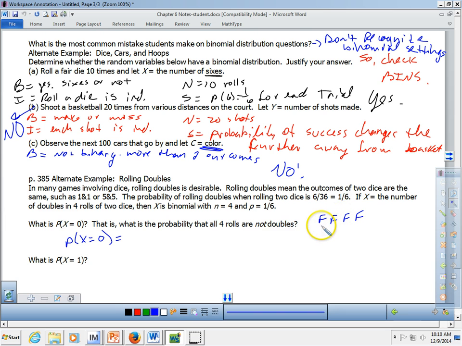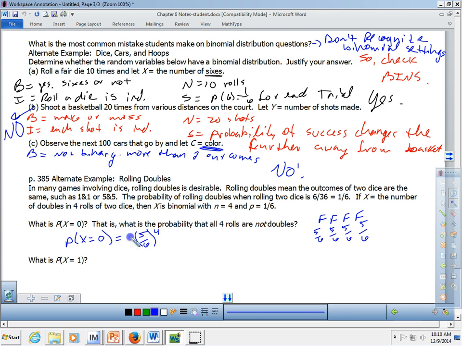No. So what's the probability of not getting a doubles the first time? Well, if you have a 1 in 6 chance of getting doubles, that means you have a 5 in 6 chance of not. Right? And we've gone through this kind of stuff before. So the probability of not getting any doubles is just going to be 5 out of 6 multiplied by itself 4 times or raised to the 4th power.